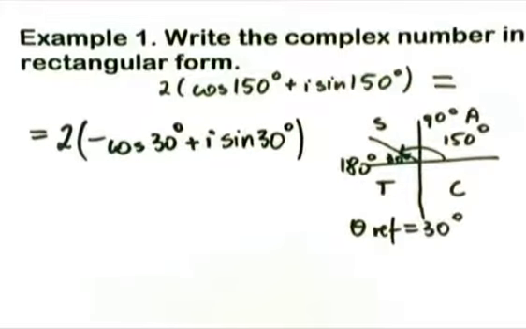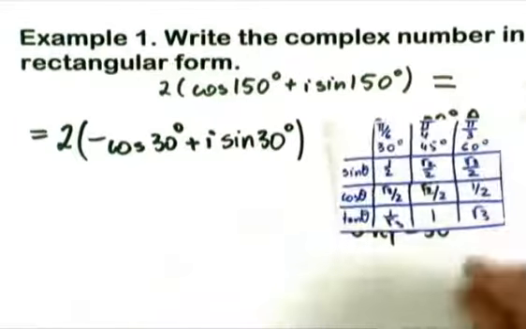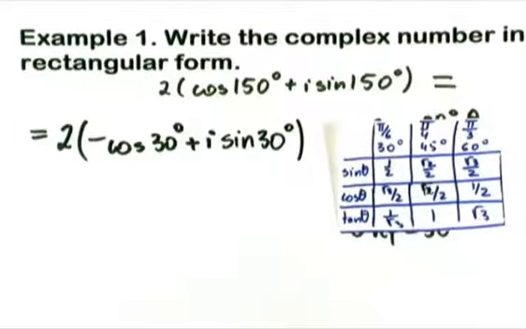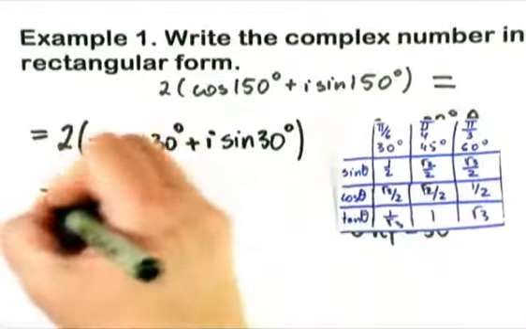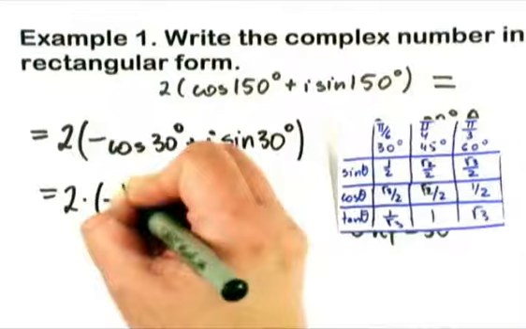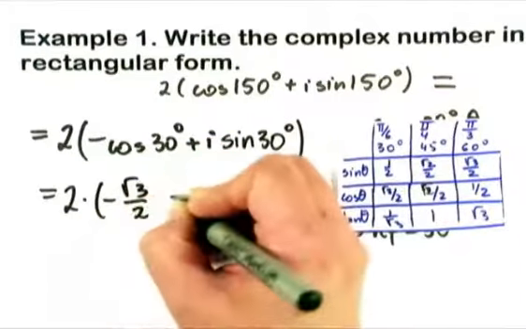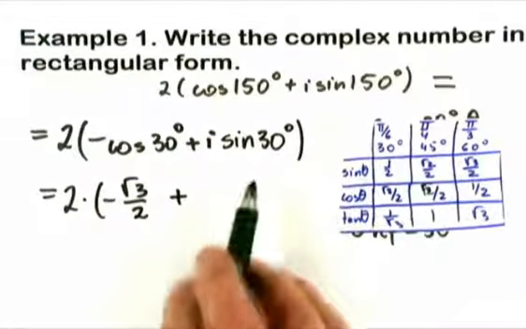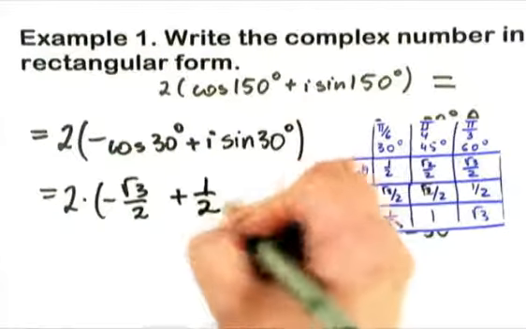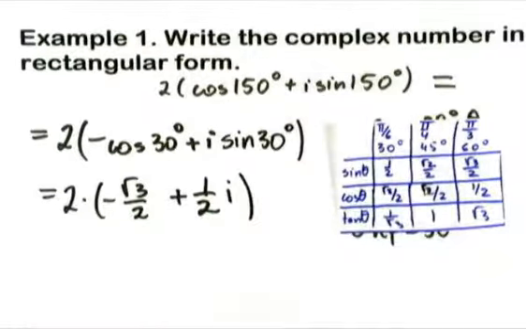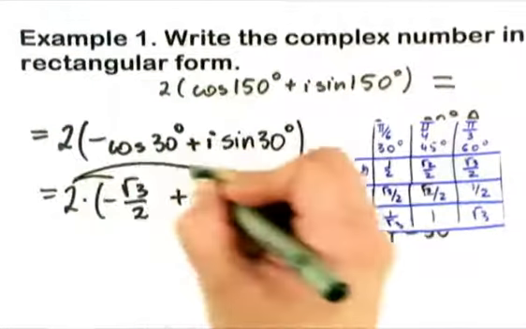Now I need to use the chart. My chart says that cosine 30 degrees is root 3 over 2, so 2 times (minus root 3 over 2 plus i times sine 30 degrees, which is 1/2). Then we distribute the 2.